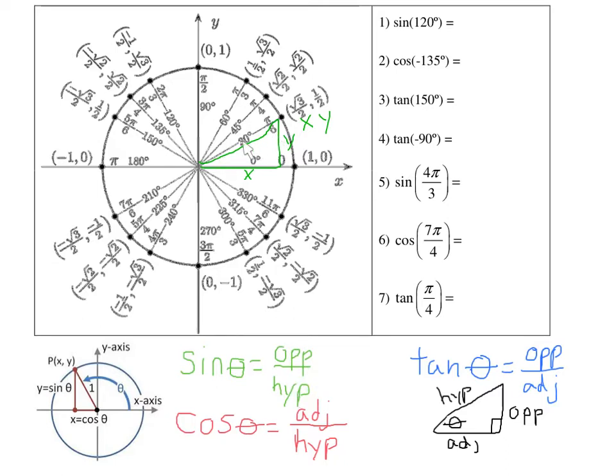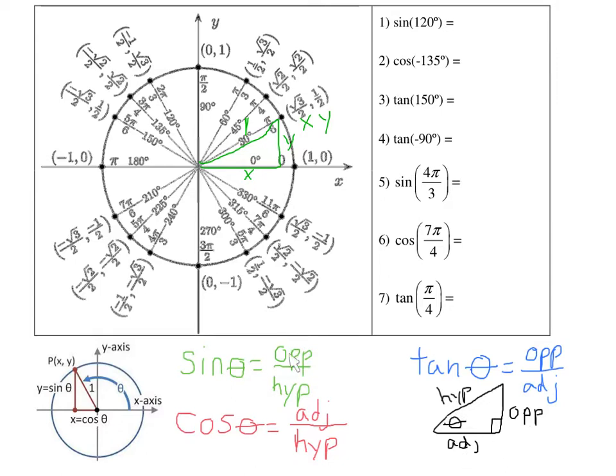And what is this length going to be if it's a unit circle? 1. The radius of this whole circle is 1. So won't this be 1? So can I put a 1 there? This is now y, this is now x, and that's 1. So can I replace this with 1, this with y, and this with x?